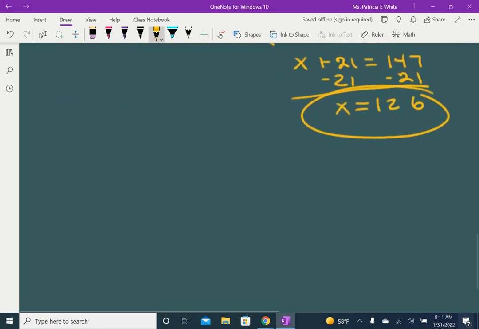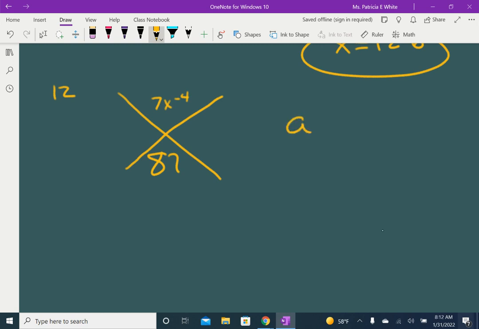Okay. All right, I'm going to do one more, and then we're going on to the other page. How about 12? I have 7x minus 4 and 87. So vertical angles, A equals B. 7x minus 4 equals 87.